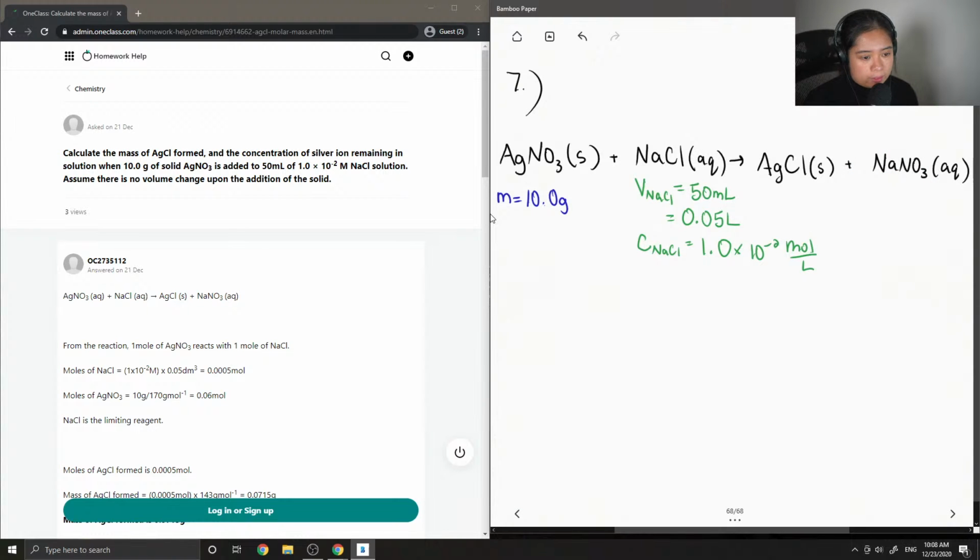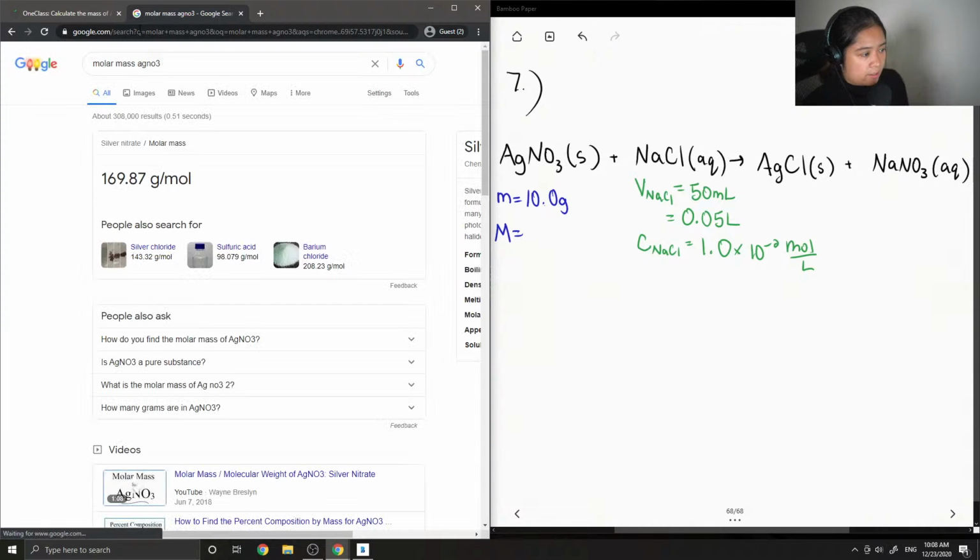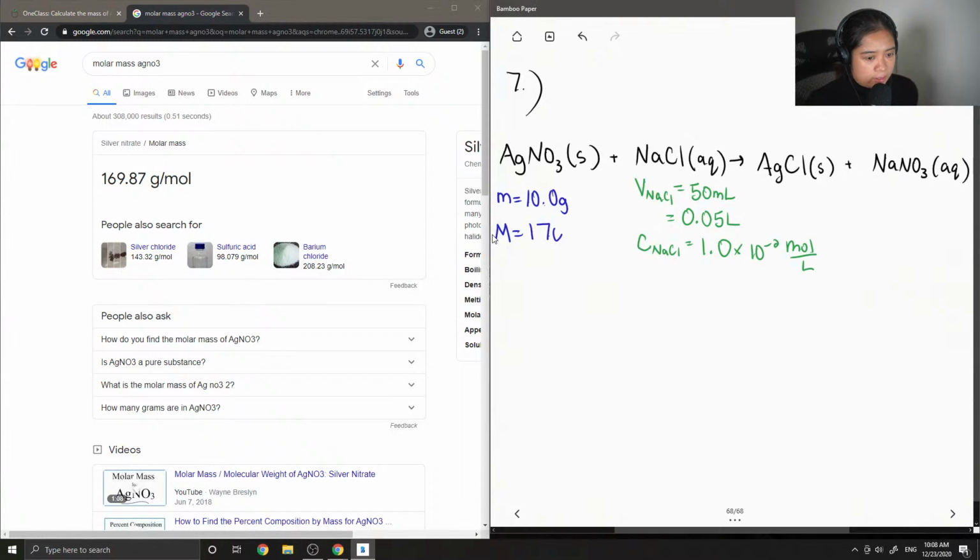Okay, so if we look up the molar mass of silver nitrate, I'll just do that now. Then we can calculate the number of moles that reacts with the sodium chloride. Okay, so the molar mass is around 170 grams per mole.